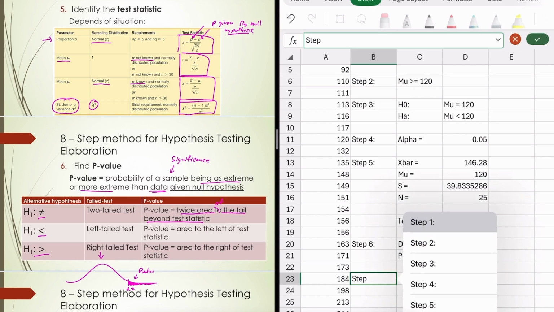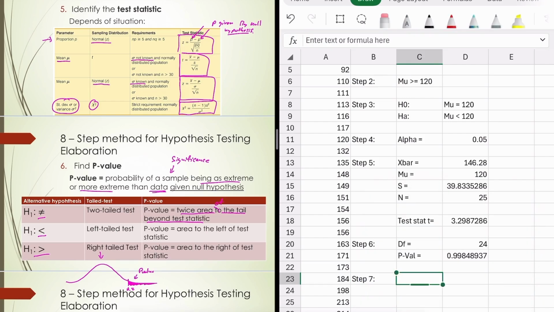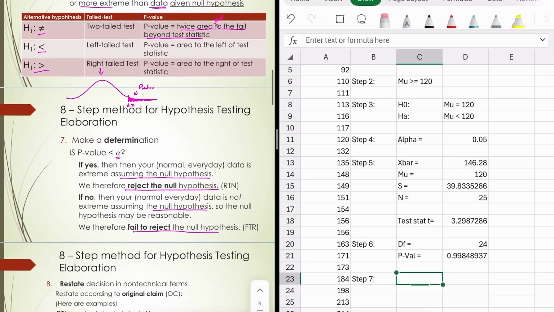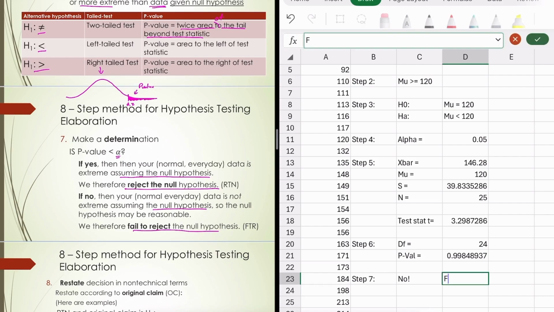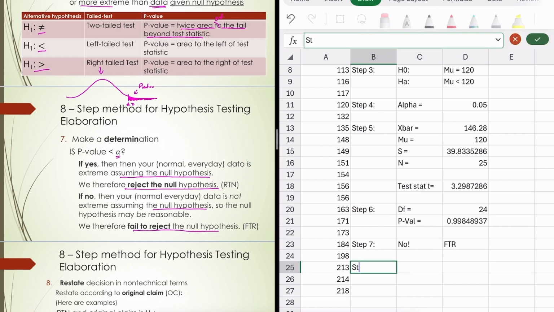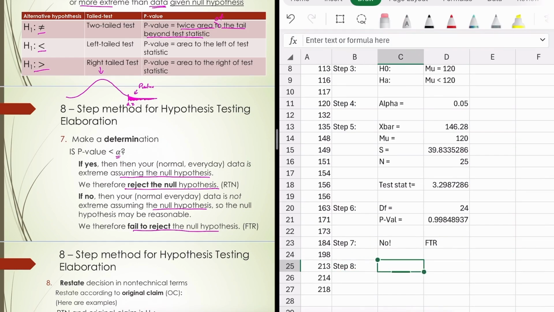So step 7, now I make my determination. Is the p-value smaller than alpha? The answer is no. So we fail to reject the null hypothesis. Great. Step 8 is to rewrite our conclusion.